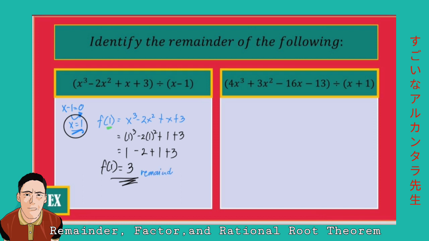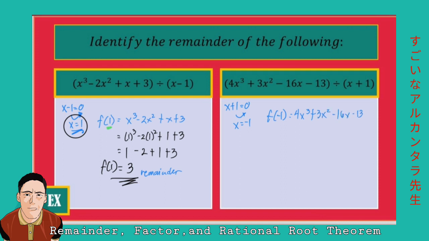Continuing, now let's have the one on the right side. We have x plus 1 this time. So let's equate that to 0. Your x will be equal to negative 1. So you will have f of negative 1 and our given polynomial 4x raised to 3 plus 3x squared minus 16x minus 13.